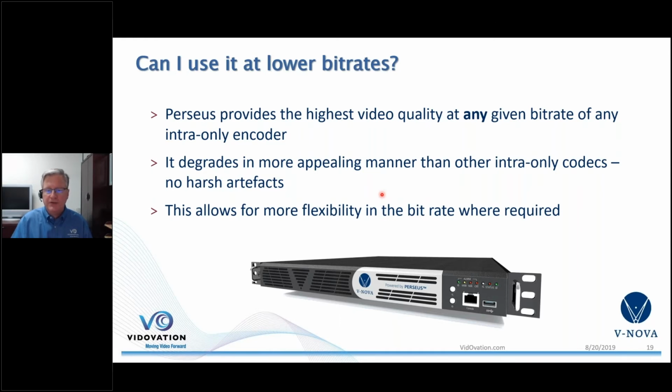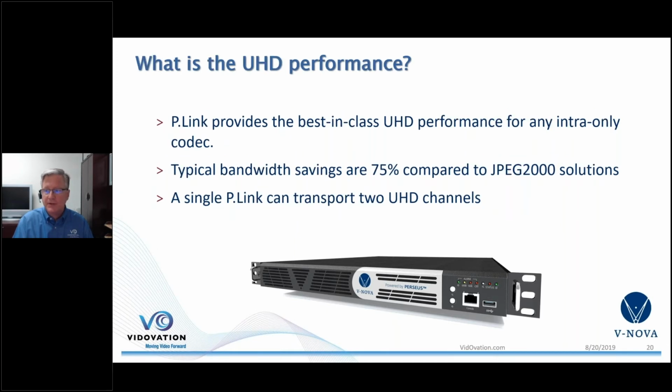When compression artifacts do start to appear, they tend to be less harsh, no sharp edges, it's very hard for the untrained eye to see the compression. And again, the flexibility of the platform, to do different types of productions.